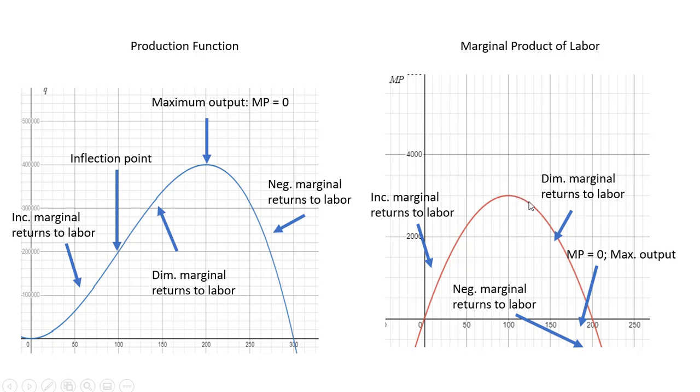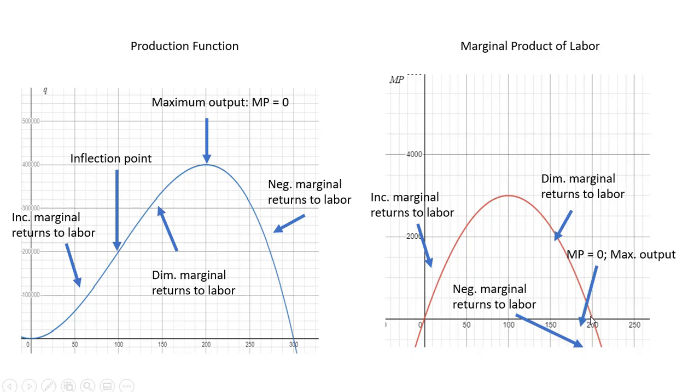Beyond 100 workers, the firm starts experiencing diminishing marginal returns to labor. Yes, output is still going up here when marginal product is falling, but it's going up at a diminishing rate. So that corresponds to this area of the production function over here.